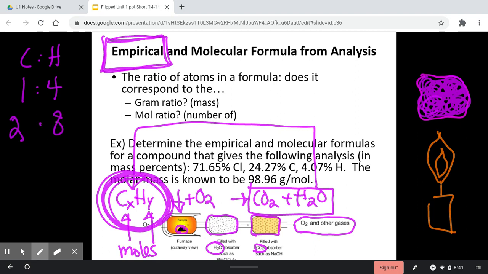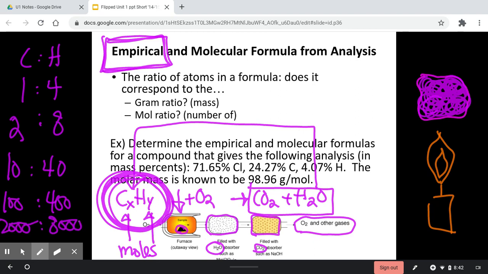So if you can calculate to, let's say, 1 carbon to 4 hydrogens, that's great. Or if you can calculate to 2 carbons to 8 hydrogens, that's fine too, because it's going to give us the same end result. Or let's say 10 carbons to 40 hydrogens.